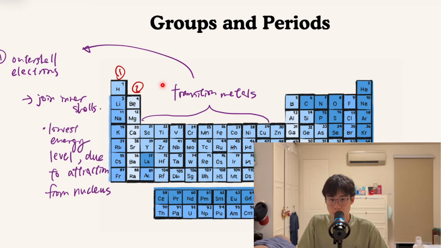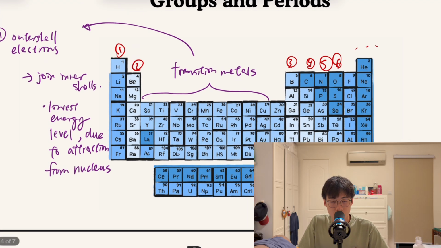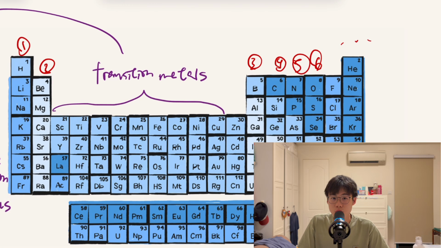And the reason for that is as you move along the periodic table and the atomic number increases, the electrons don't go to the outermost shell. Instead, they go to an inner shell. And the reason for this is because it is more energetically favorable. Because remember, each element has a nucleus, and the nucleus is positively charged because it is made of protons and neutrons.